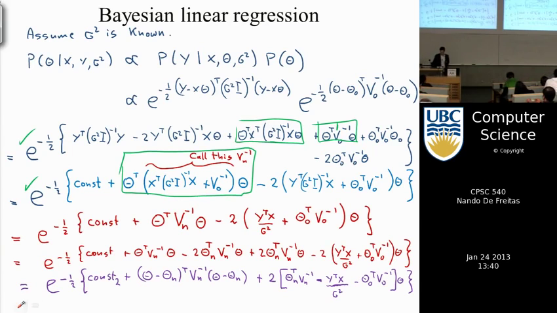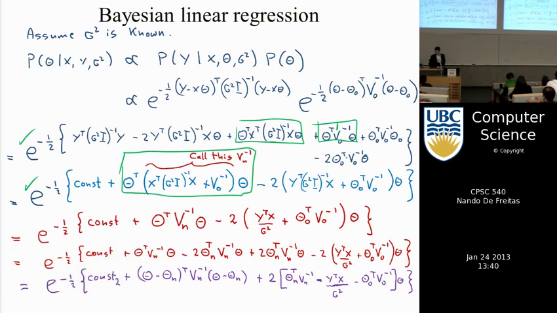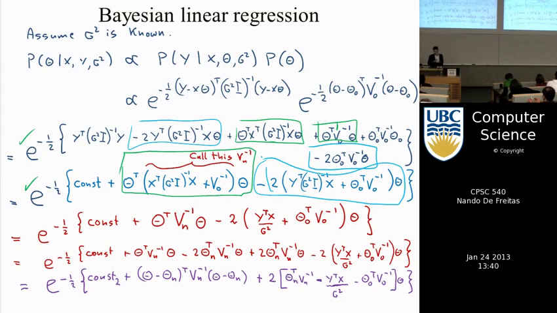I'm also going to group the terms that only involve one theta, which would be this term here and this term here. And that gives me this term here. Okay? So the first thing I do is I just group the terms that involve theta squared, and then I group the terms that involve theta, and that leaves me with now an expression that's a quadratic.